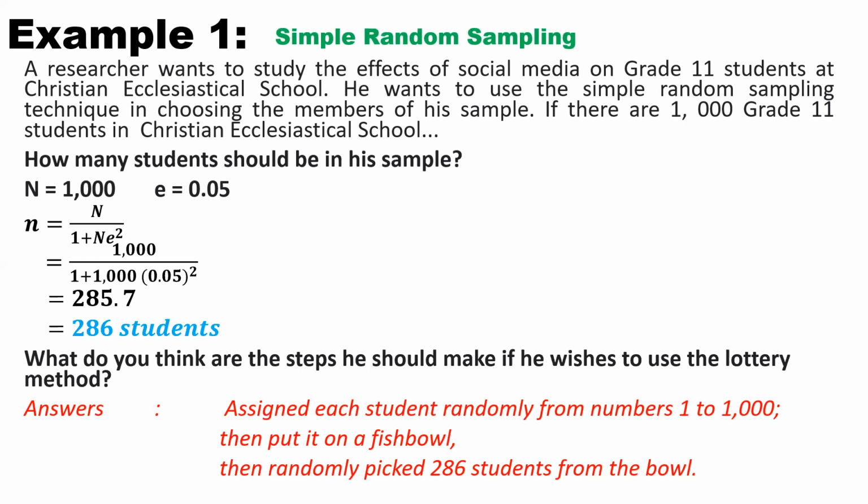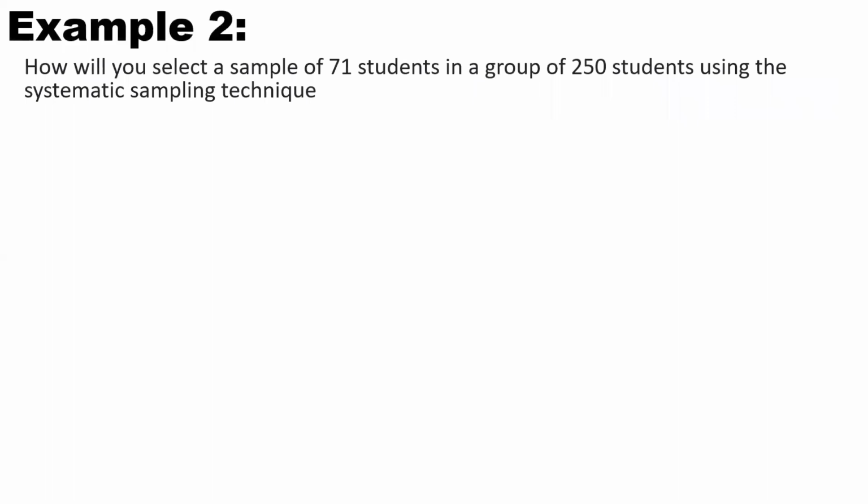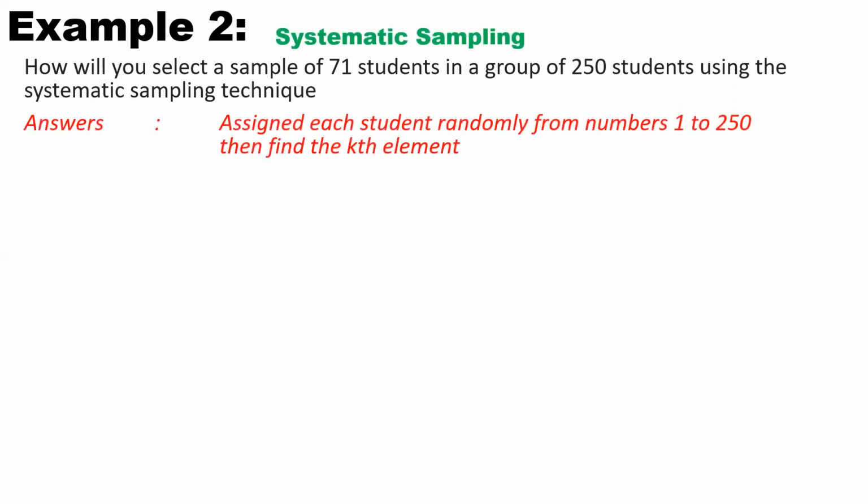So example number 2, how will you select a sample of 71 students in a group of 250 students using the systematic sampling technique? If we have a systematic sampling technique, we have a k value. So the first thing to do, assign each student randomly a number from 1 to 250, then find the k value.